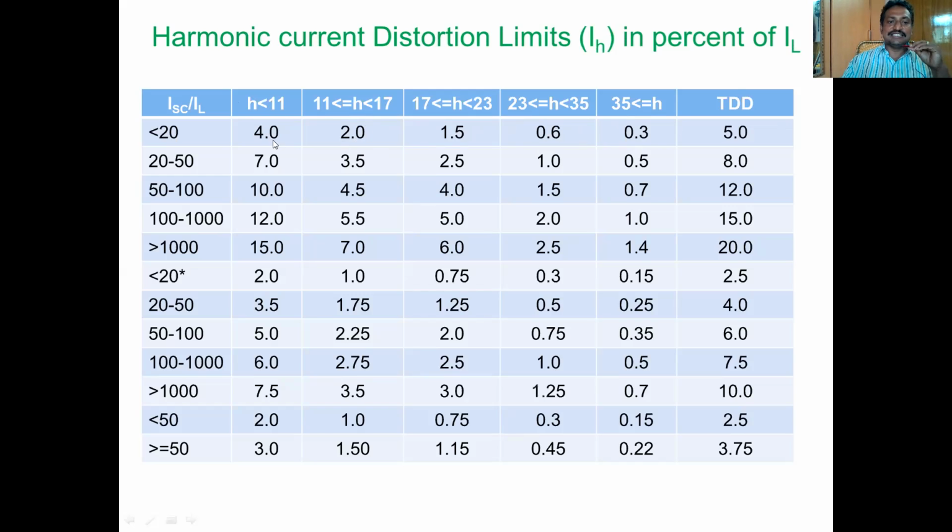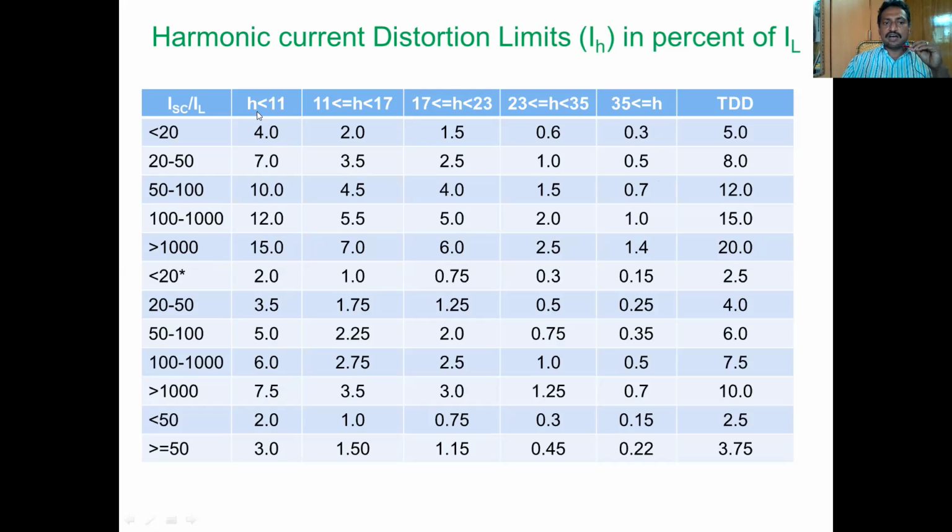If less than 11, see that 4. If 11 to 17, see that 2. 17 to 23 decreases here. Wherever you see, it decreases to 0.3, 0.5. See here, 4, 7, 10, 12, 15, 2, 3, 3.5, 5, 2, 7.5. Here we remember two factors.